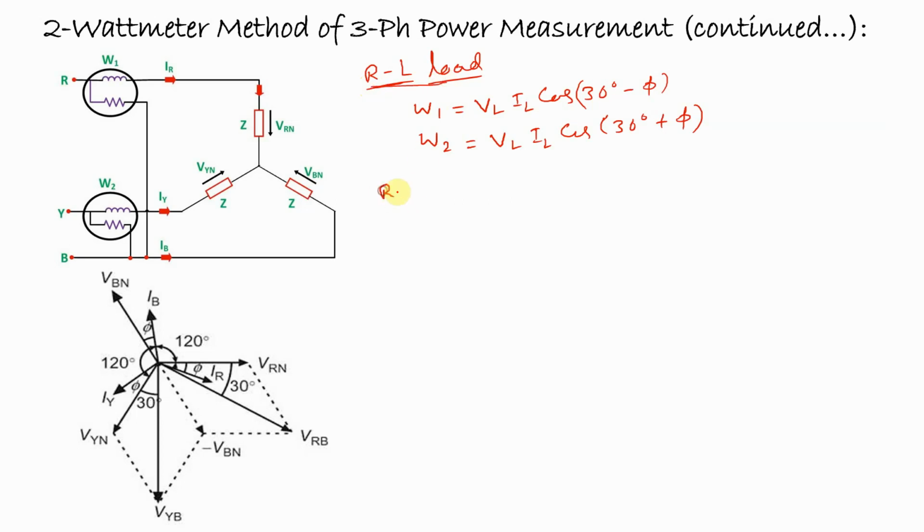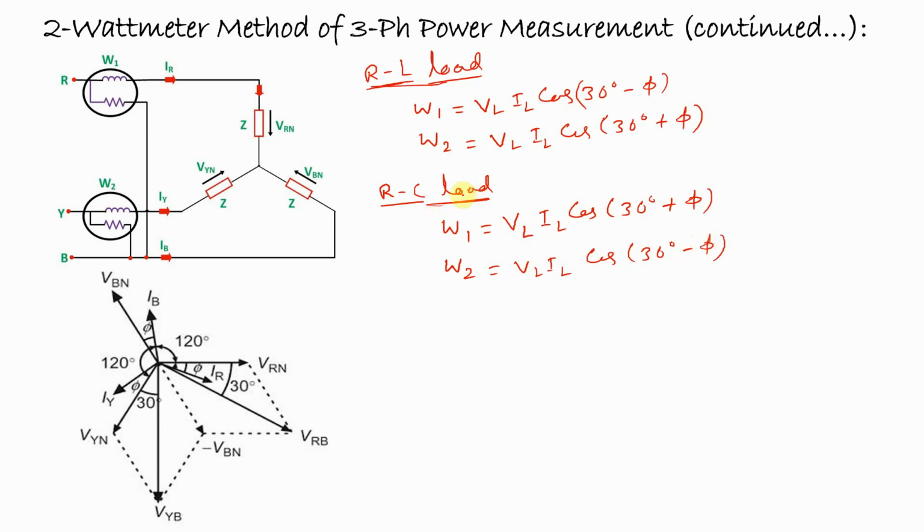But if the load is resistive capacitive, the reading expressions of the two wattmeters will be just reversed. That means the value of W1 will be VL IL cos(30 plus phi), and the reading of the second wattmeter will be VL IL cos(30 minus phi).